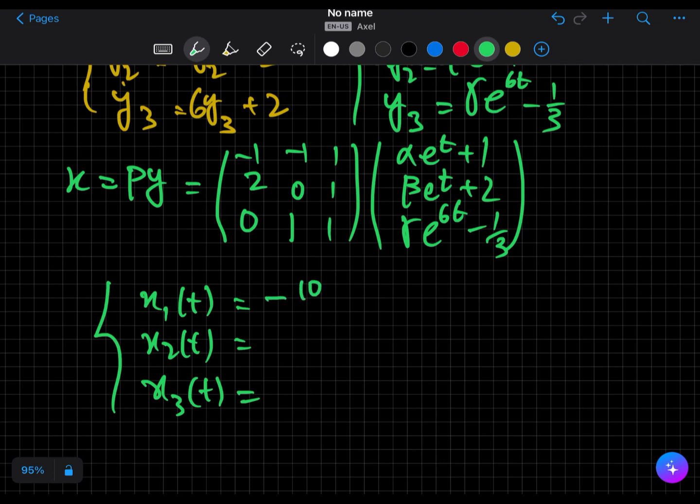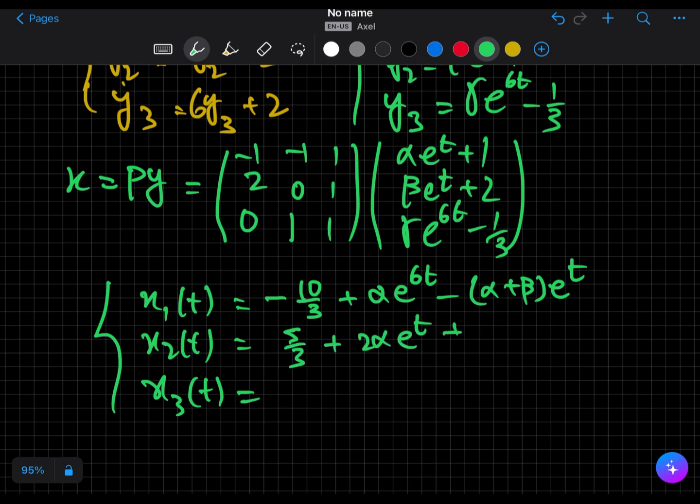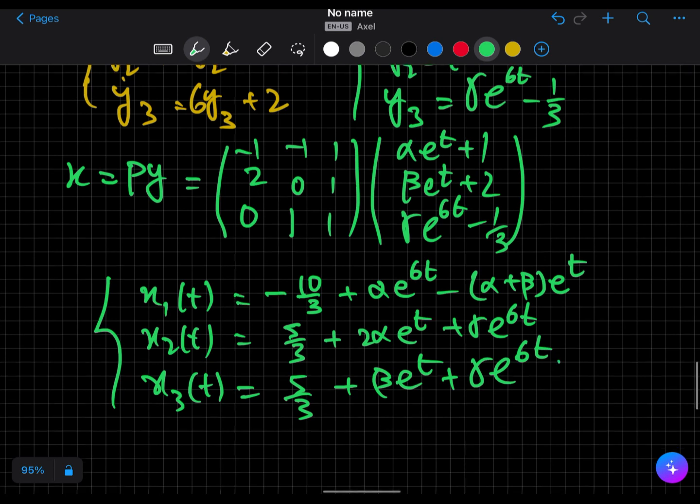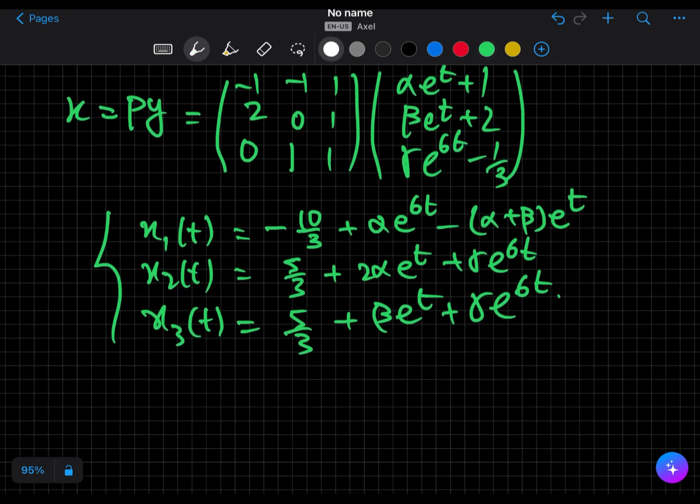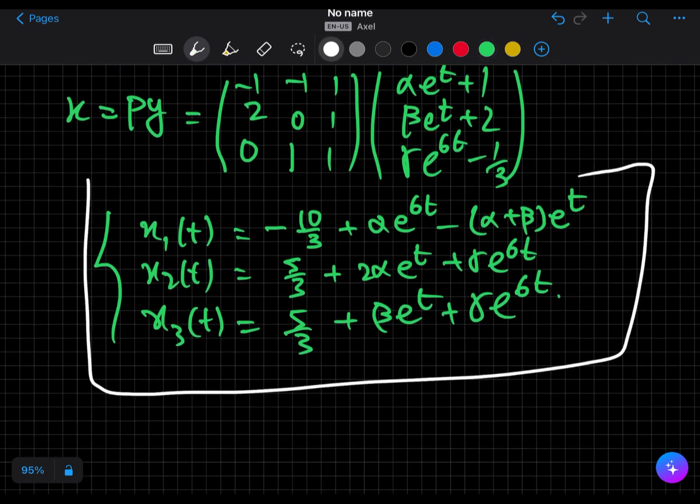I will have minus 10 over 3 plus minus alpha plus beta e^t plus gamma e^6t. Then I will have 5 over 3 plus 2 alpha e^t plus gamma e^6t. Then I will have 5 over 3 plus beta e^t plus gamma e^6t. So this is exactly what we have as a solution.